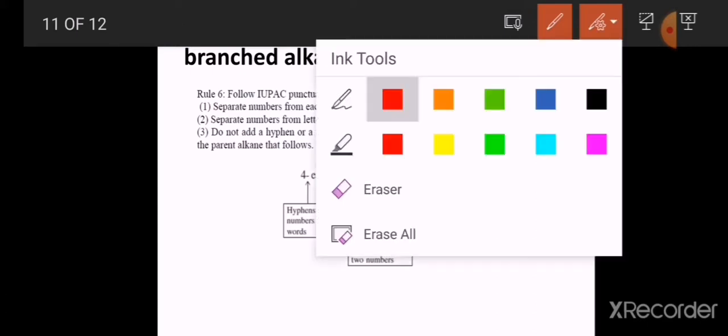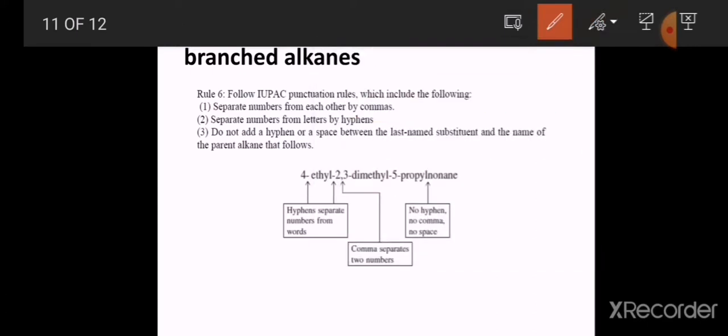Pinag-separate ko yung 2 and 3 using a comma. And then you have to separate numbers from words or letters using a hyphen or dash. Ito. Dimethyl dash 5 dash propyl. Dito rin. Ethyl dash 2, 3 dash dimethyl.